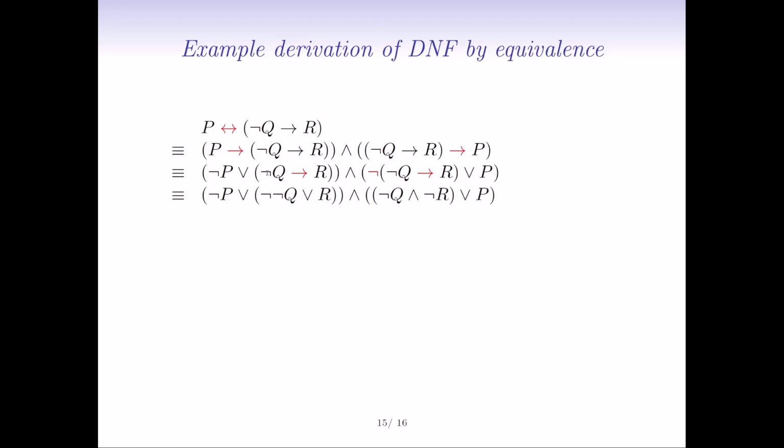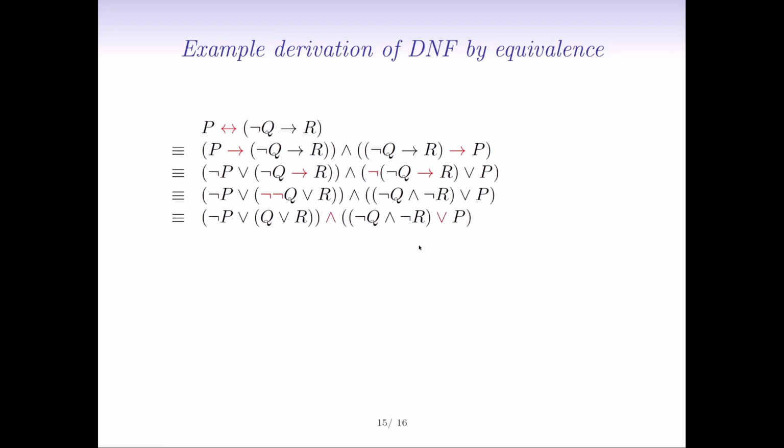So the first implication becomes not Q or R, and the second becomes not Q and not R. Remember that not (A implies B) becomes A and not B. Here our A is not Q and our B is R. Now we can see that a double negation has popped in here, so we might as well get rid of it using our double negation principle. That's a very easy transformation.